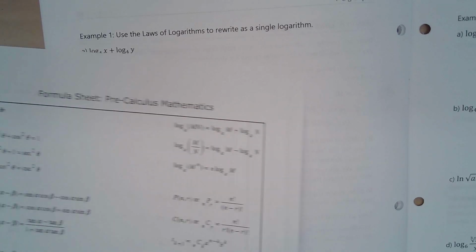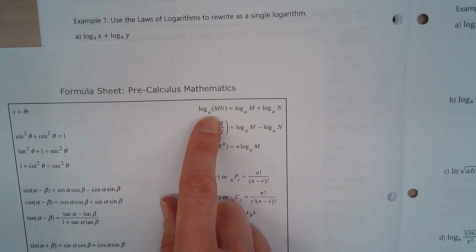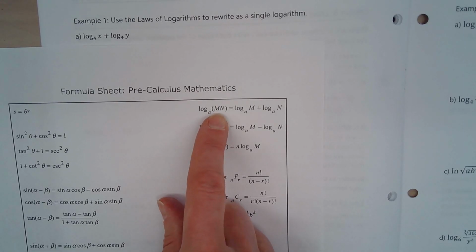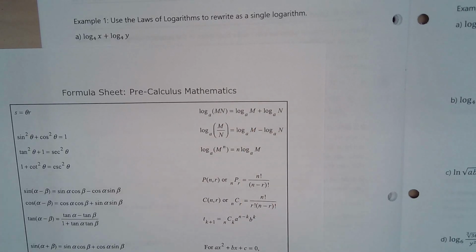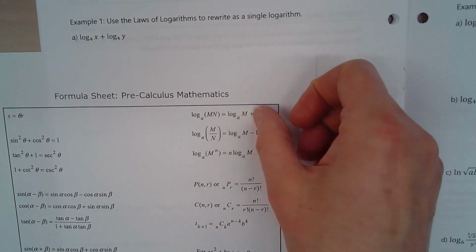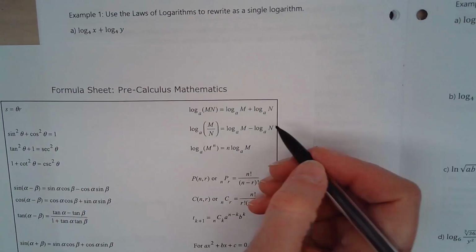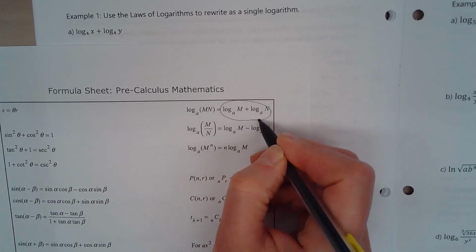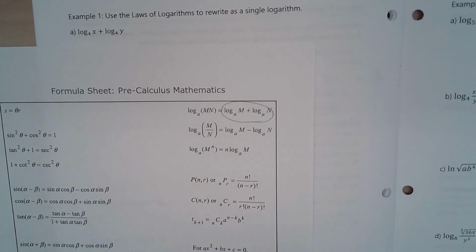Notice that these formulas work both ways. We use them to break apart an argument, so we can separate them. But if you're given a log in expanded form, I can use the laws to take two logs and push them together.